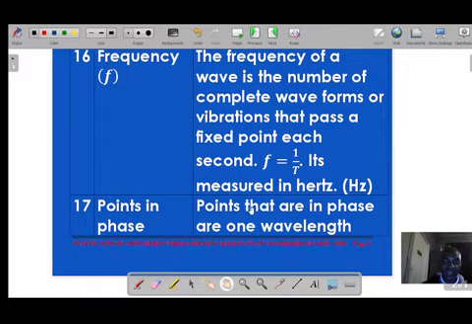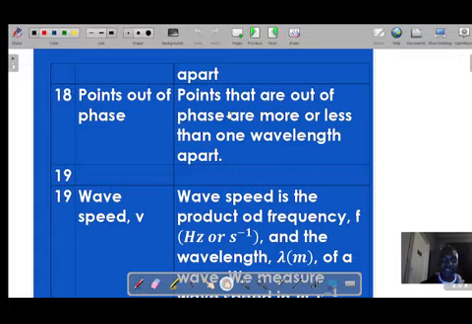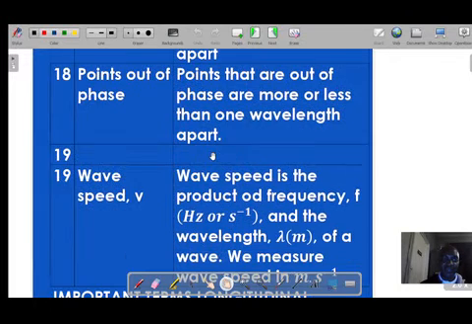Then we have points in phase. Those are points that are one wavelength apart. I'm going to explain this in more detail as we proceed. Then points out of phase are points that are more or less than one wavelength apart.